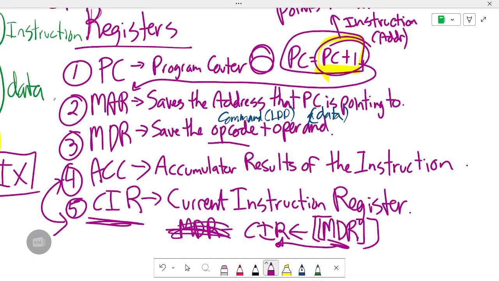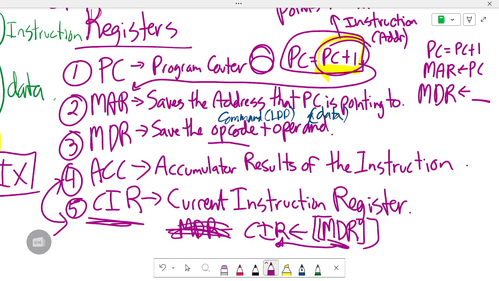So the notation is basically you have PC equals PC plus 1. Then you have the memory address register: what the PC is pointing to goes into the MAR. Then you have the memory data register. Okay, you get the data.